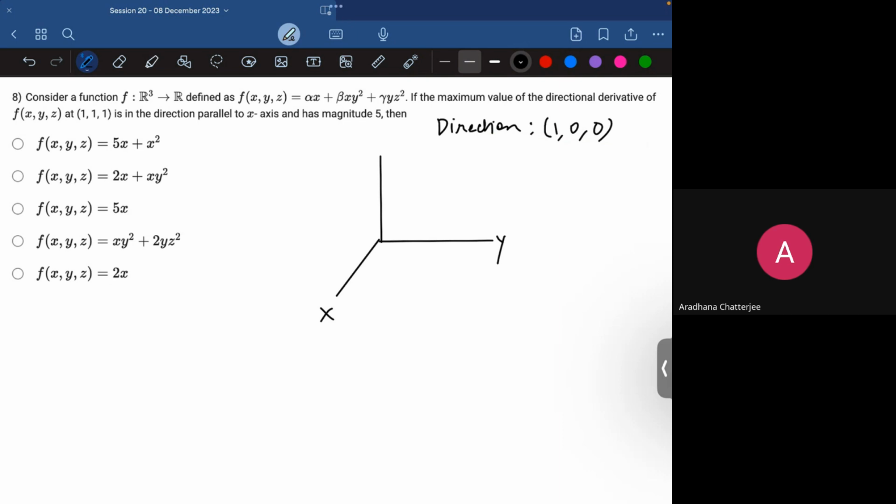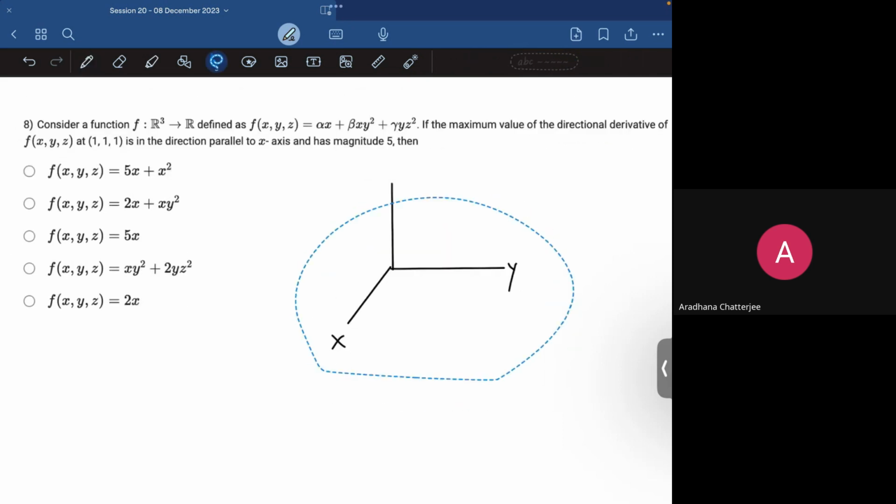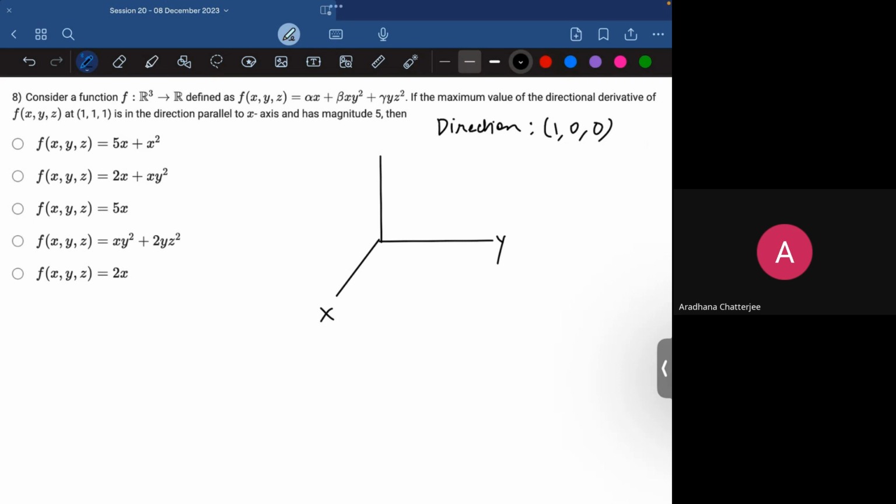So if we had just 5 times (1,0,0), that is equal to (5,0,0), and if we take its norm, it's the square root of 25 plus 0 plus 0, which is just 5.